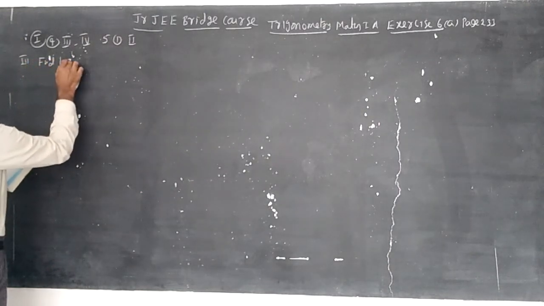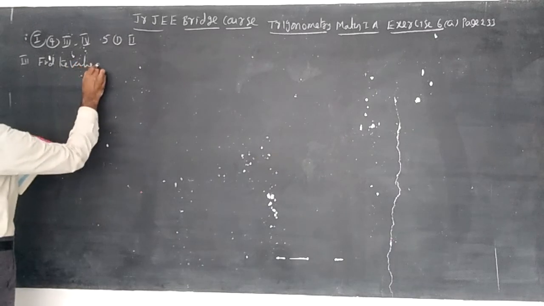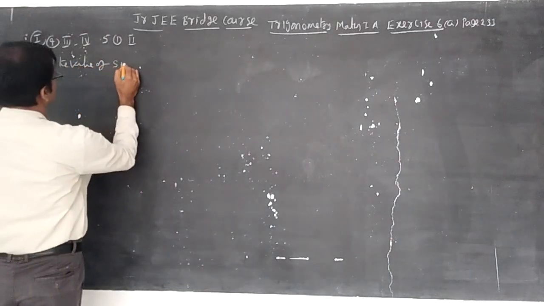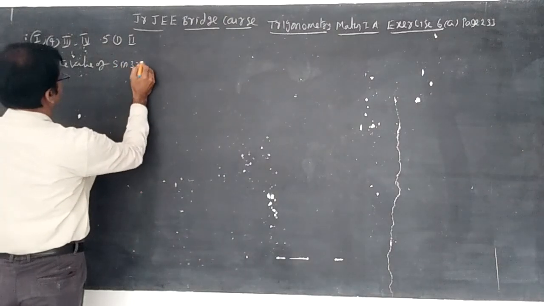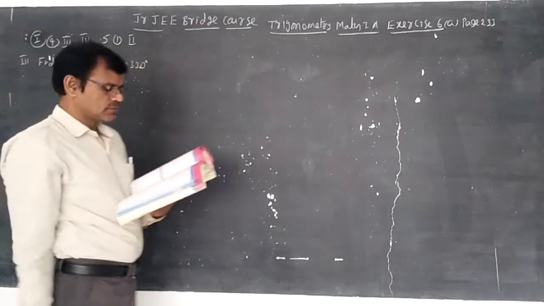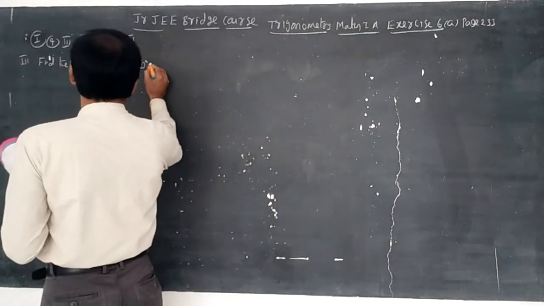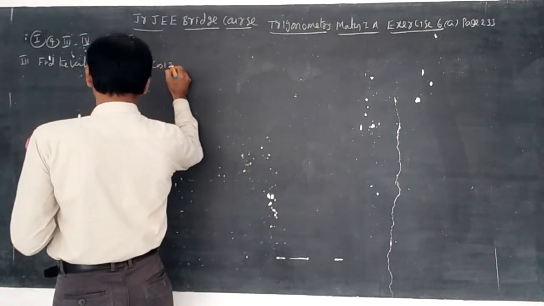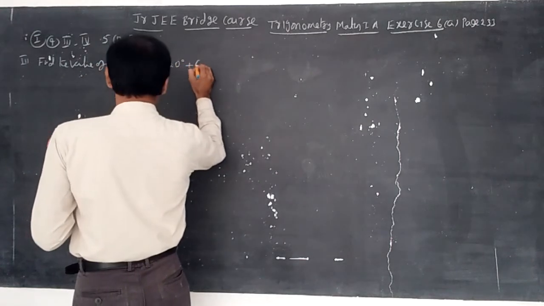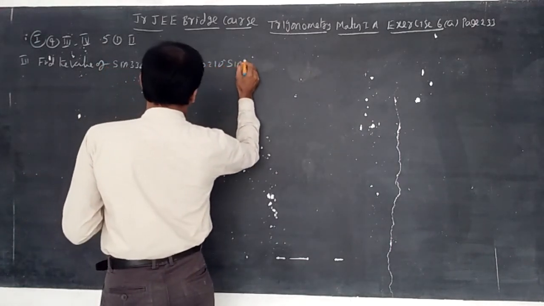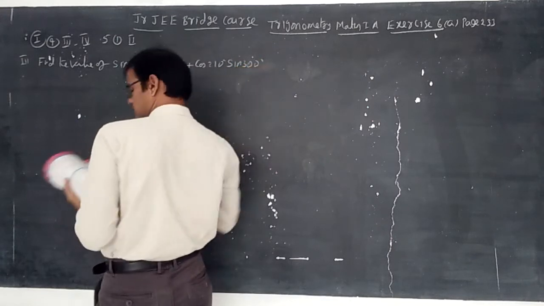find the value of sin 330 degrees cos 120 degrees plus cos 210 degrees into sin 300 degrees.